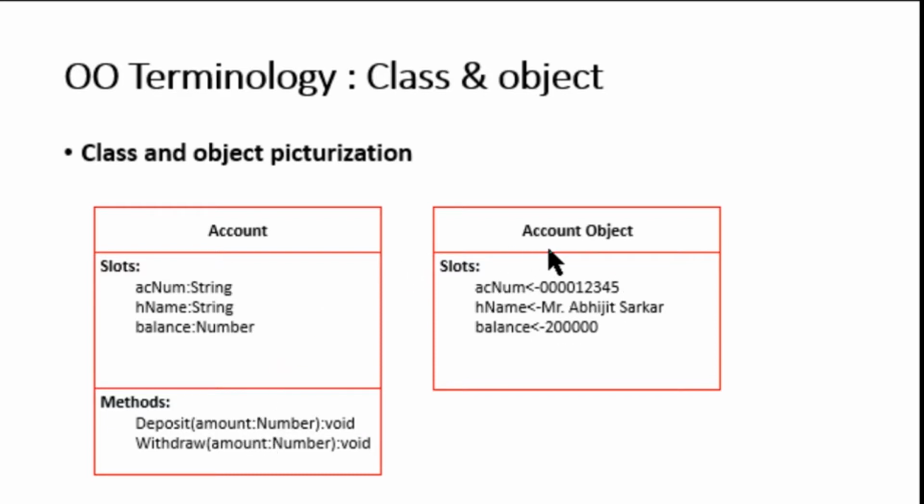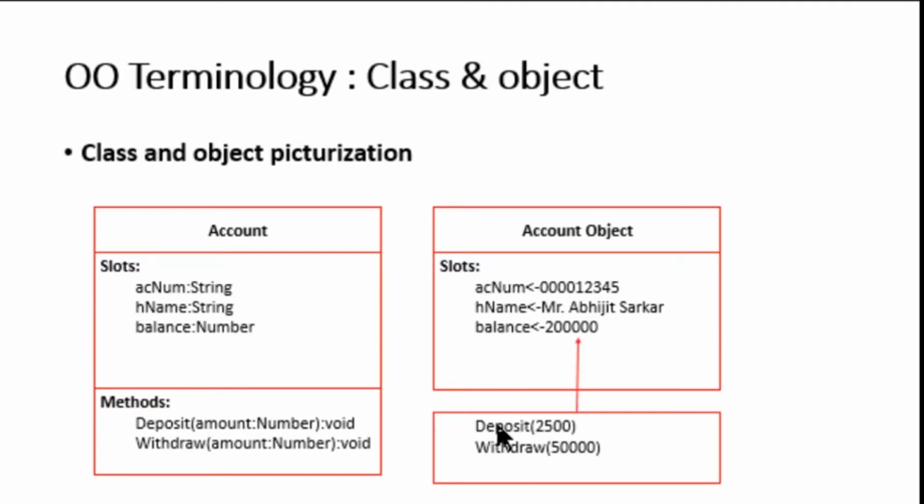Right-hand side is an object created from this class. Note that all the fields are initialized by the constructor during the object creation process. It is via the operations that the values of these slots of an object will be modified externally.